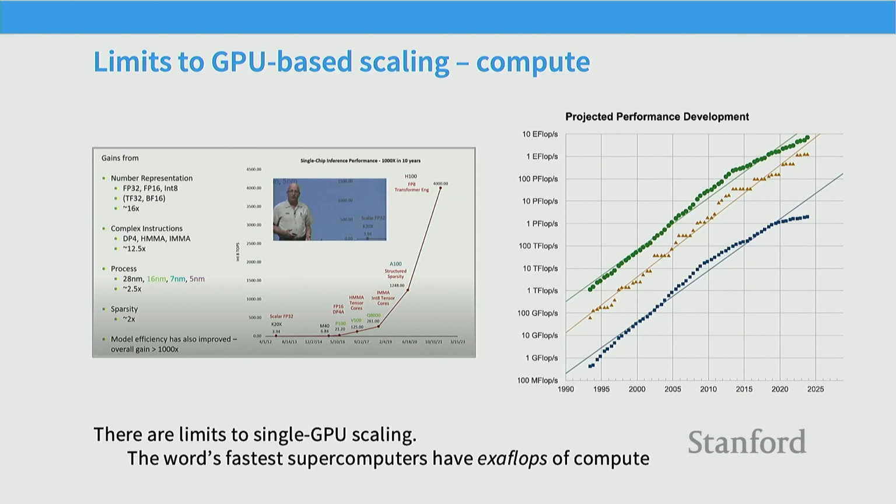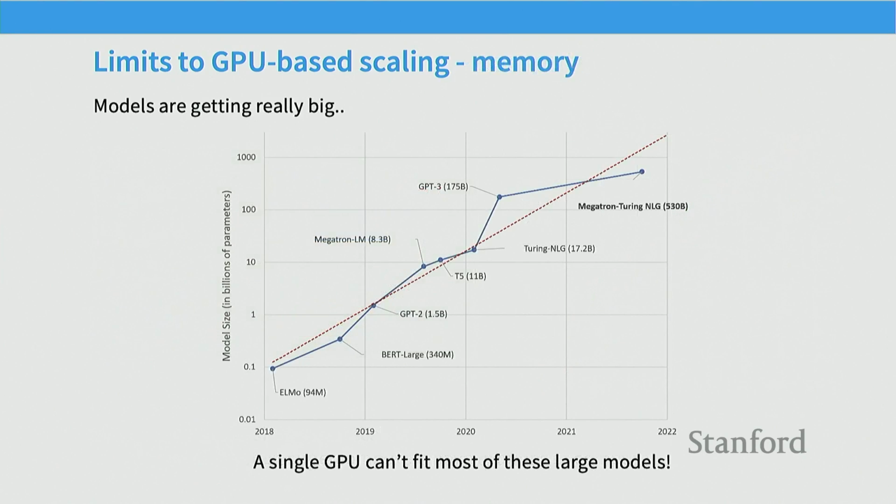If we look at the world's fastest supercomputers, that's what's being shown on the right here. The fastest supercomputers have exaflops and exaflops of compute. Those are the green lines that you see over there. That's what you're really going to have to rely on if you're going to try to train the biggest, baddest language models today. And so that's the compute side of why you want to think about multi-machine parallelism.